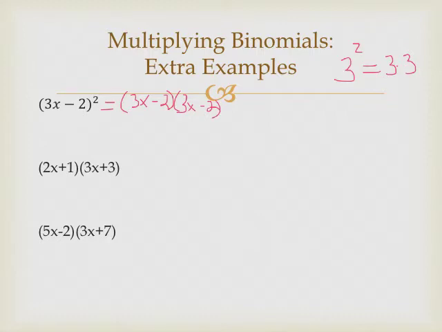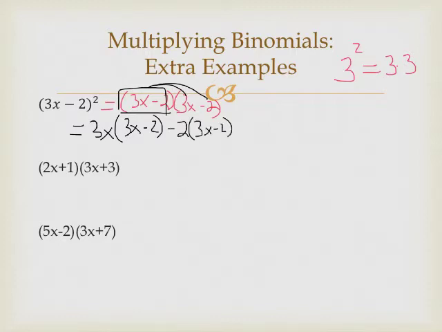Okay, so now if I want to do this the traditional way of distributing, I'm going to distribute this first binomial to the second binomial. So I'm going to have 3x times 3x minus 2, and then I have my -2 times 3x minus 2, and we're just going to distribute each one of these.